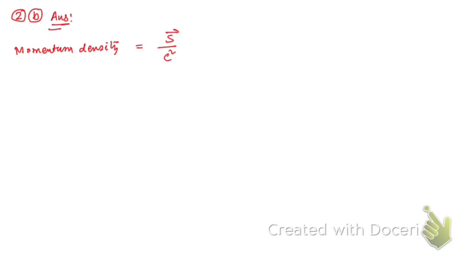And the Poynting vector S can also be written as 1 by mu naught E cross B. E means electric field, B means magnetic field, right? So do mention the meaning of the terms, okay?